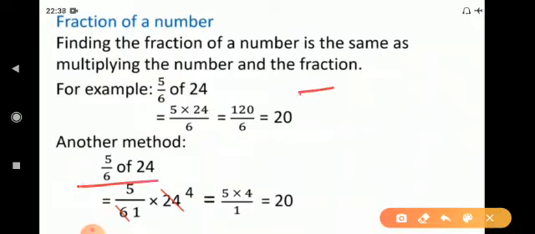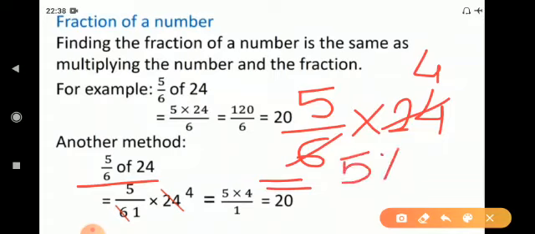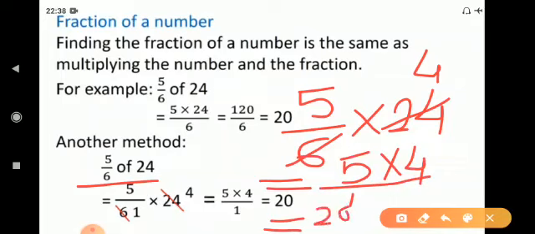Directly you have to write down 5 upon 6 multiplied by 24. Now we know that 24 comes in the table of 6. So directly we can cancel, 6 4s are 24. 6 and 6 cancel. So we will get 5 multiplied by 4 in the numerator, and in the denominator there is no number, means 1. So 5 4s are 20. 20 upon 1 means your answer is 20.